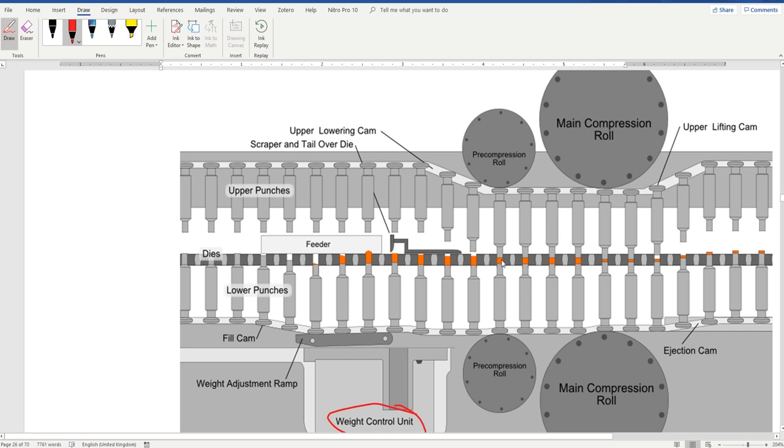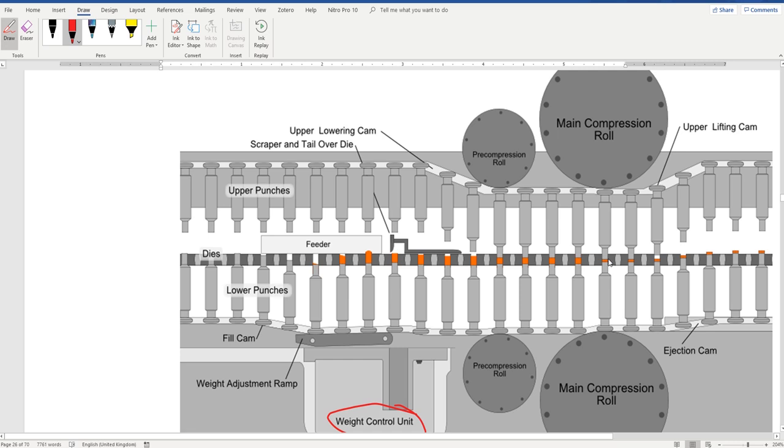Now, one of the problems of being very fast in producing the tablet is that there is no sufficient time for the granules or the powder to adhere to each other and get compacted properly. This is one of the problems.